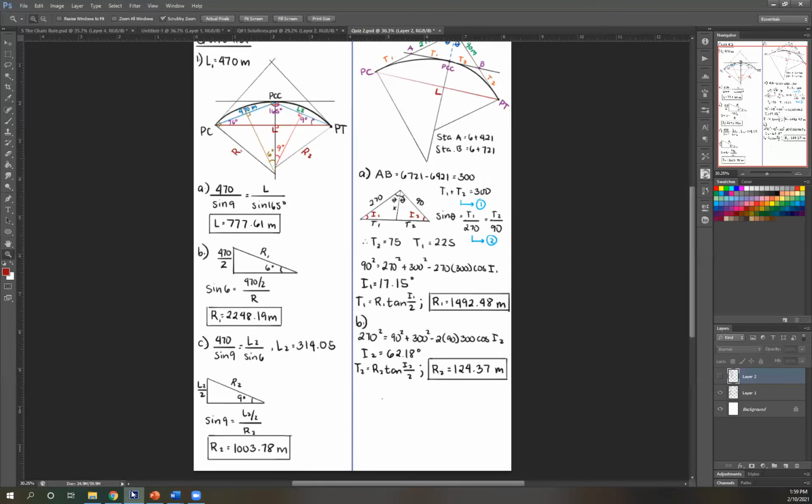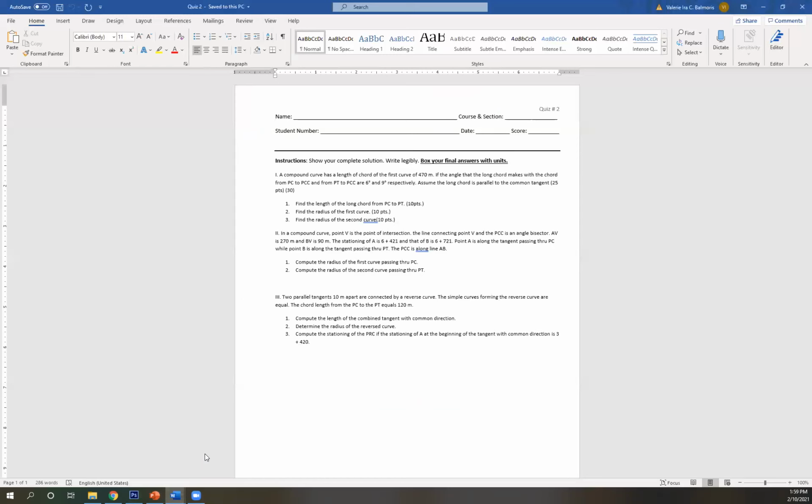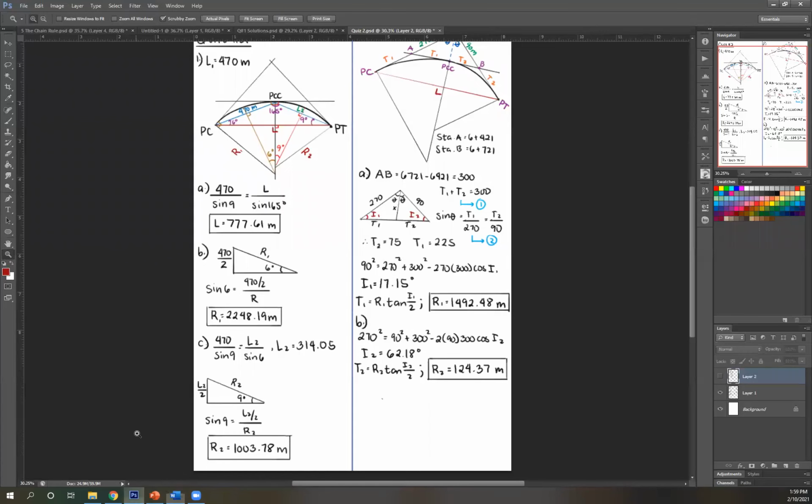So let's draw that first. So we're given the length of chord of the first curve is 470. So that means L1 is 470. Okay, since this is compound and reverse, we got L1 and L2 now.